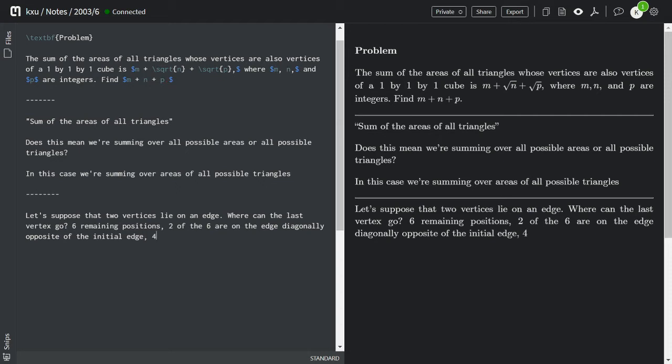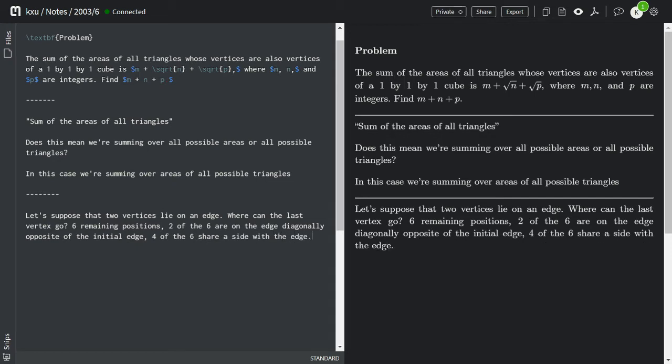And 4 of the 6 share a side with the edge.